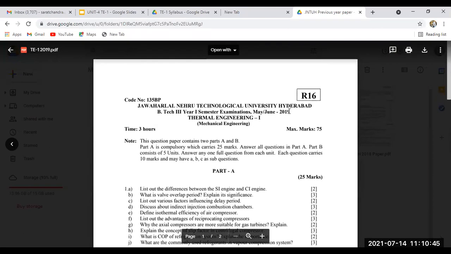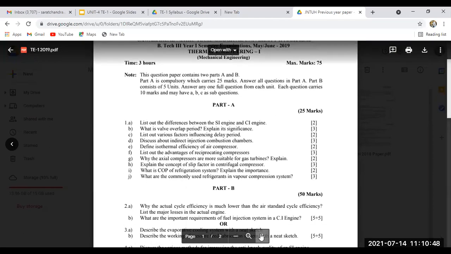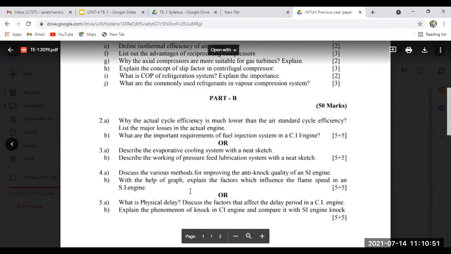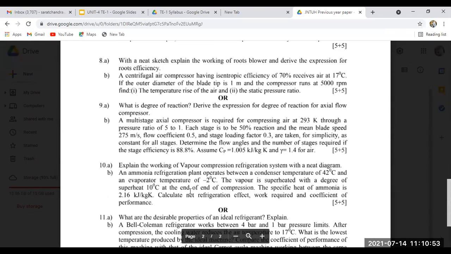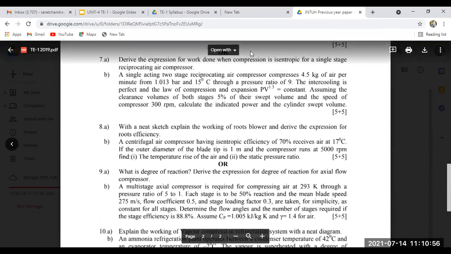This is the 2019 question paper. Here you can see question number 8A: with a neat sketch, explain the working of root blower compressor and derive the expression for root efficiency. This was a 5 marks question. So in 2019 they asked the working principle of root blower compressor.